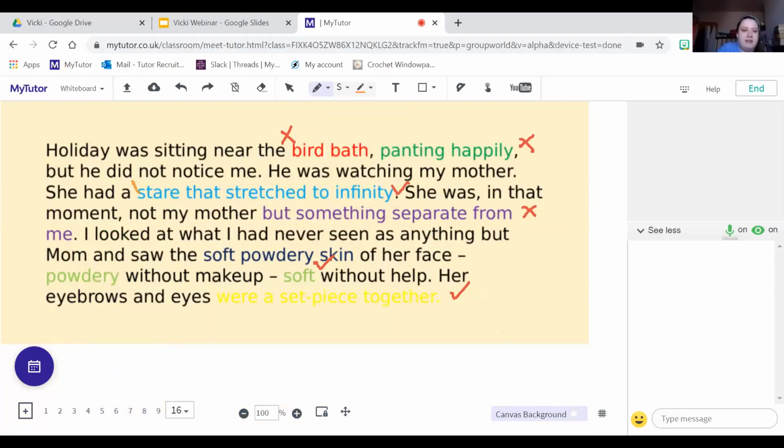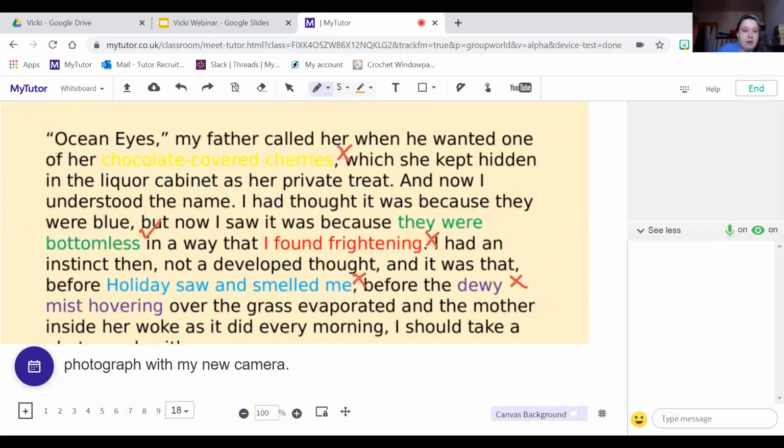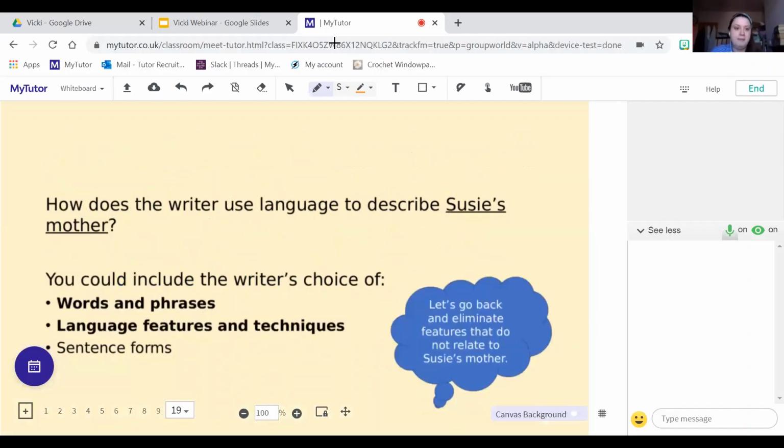So I'm definitely going to choose this one, and I'm going to link that back to bottomless eyes, because they're both talking about her eyes. So we can definitely talk about those two. And I'm also going to talk a little bit about sentences as well, but we will come on to that. So let's have a go at some modelling.